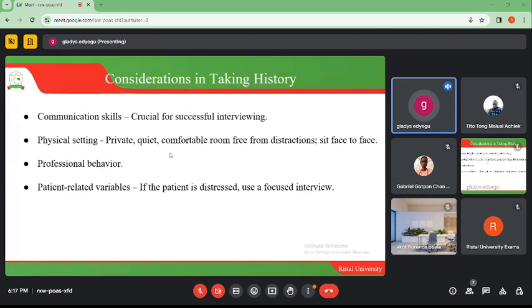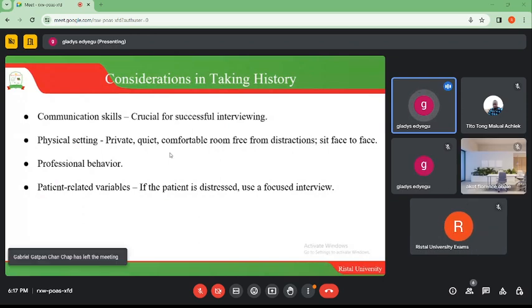Then physical setting. Physical setting can be the environment where you're going to sit with this patient. The room where you're going to be with this patient should also be in a good state. Because if the environment is not conducive, it's not set well, the patient may decide not to speak to you. So we need privacy.